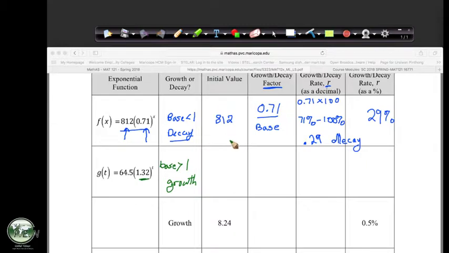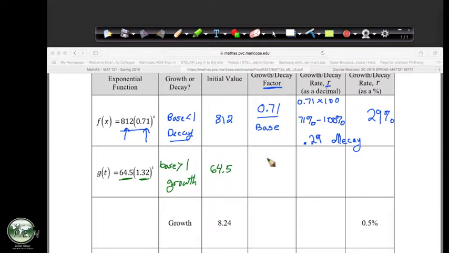Initial value? 64.5. Good. And again, if they wanted the vertical intercept, we would just list that as (0, 64.5). But that's where it comes from. Either case, it's just that number in front. The answer's staring us in the face.